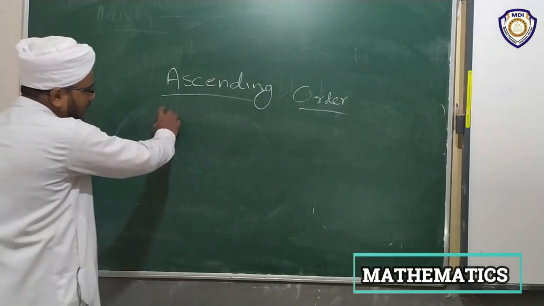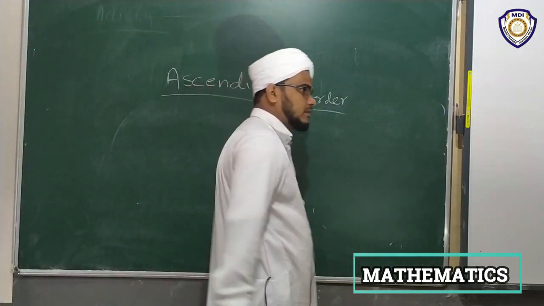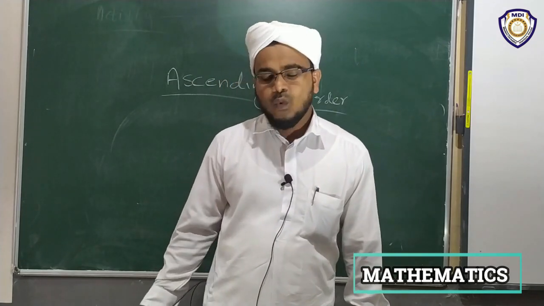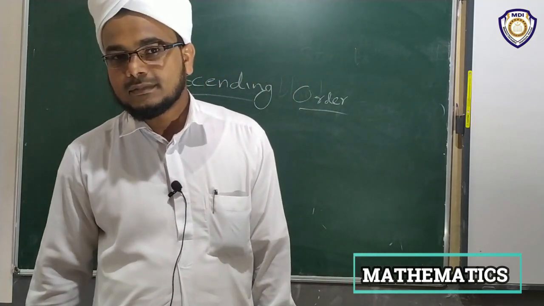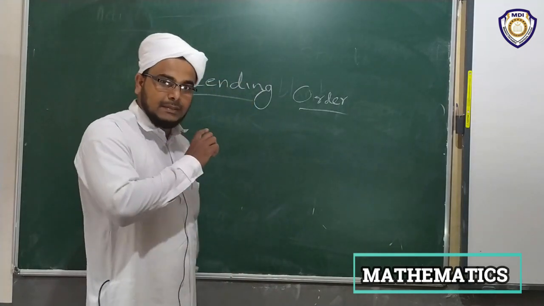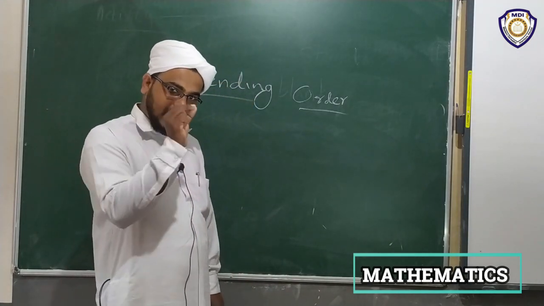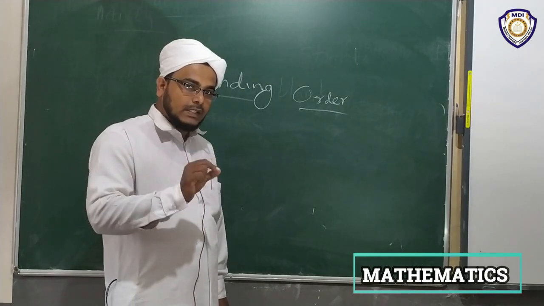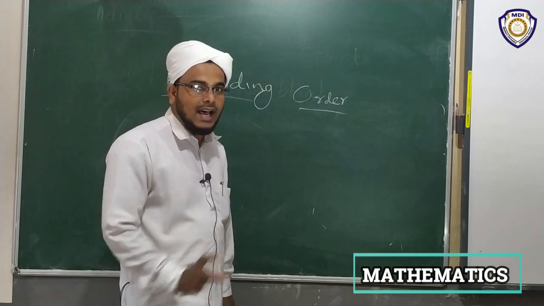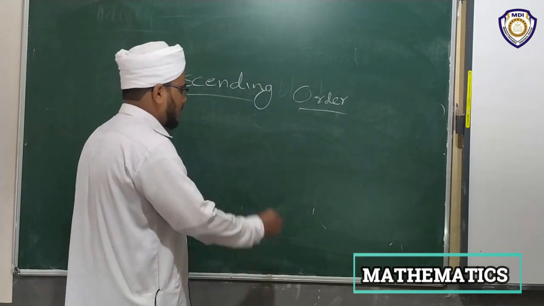First, let us start with ascending order. You have studied this in 5th class, I think. What is ascending order? Arrange the numbers starting from the smallest number to the largest number. This is the ascending order.